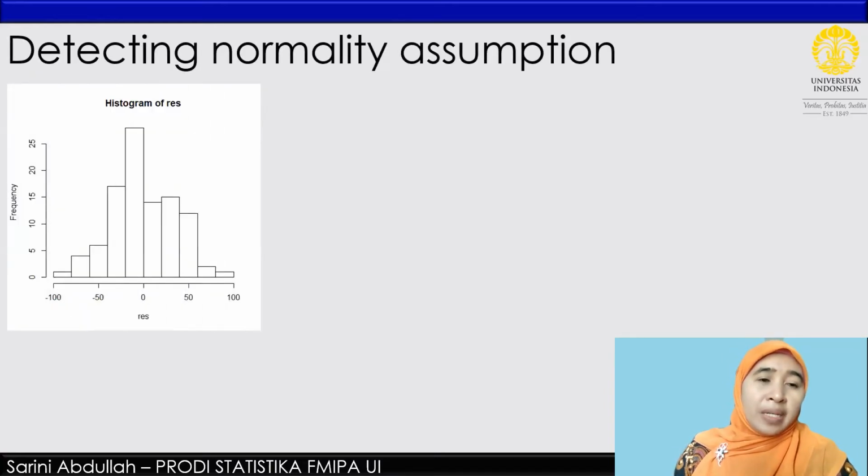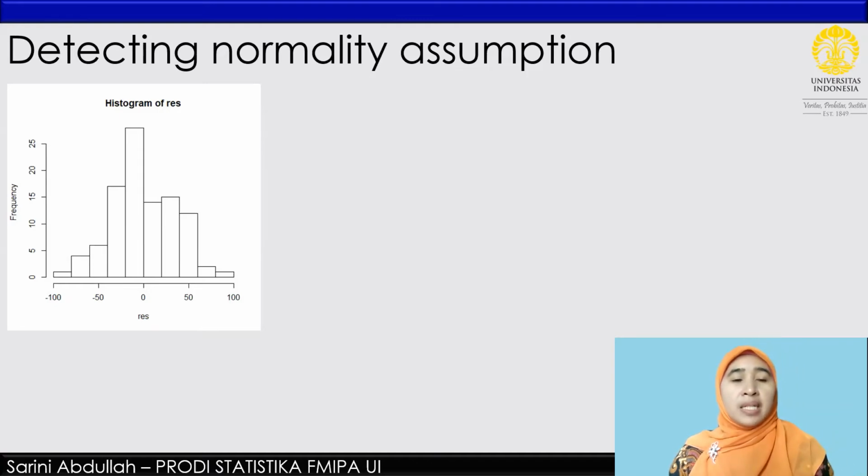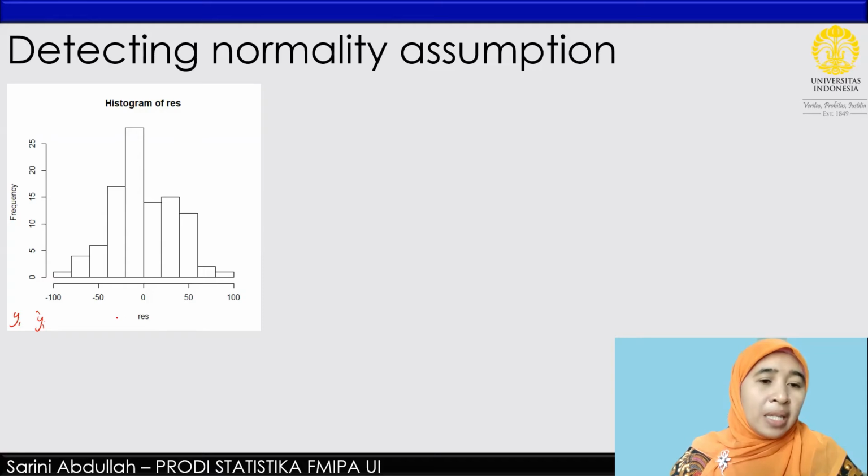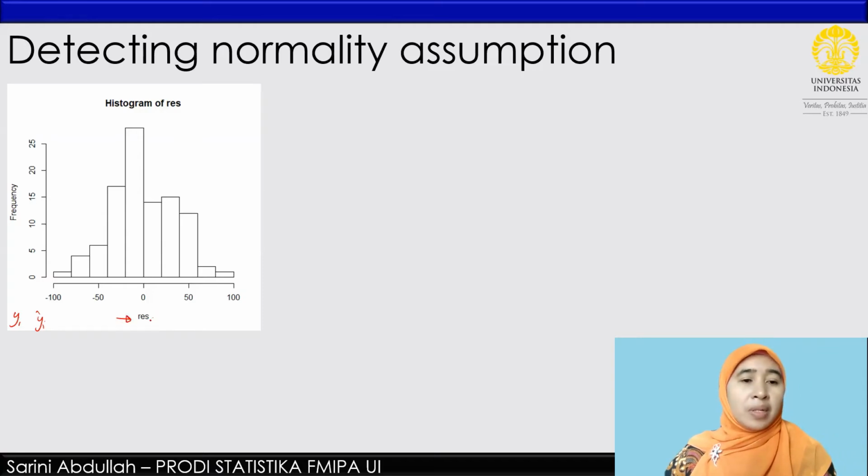Another way of checking the normality assumption, the most obvious one, is by plotting the histogram of the residuals. So again, we have our actual value of yi, and we have our predicted value of yi, and so we can calculate the residual, that is yi minus yi cap.